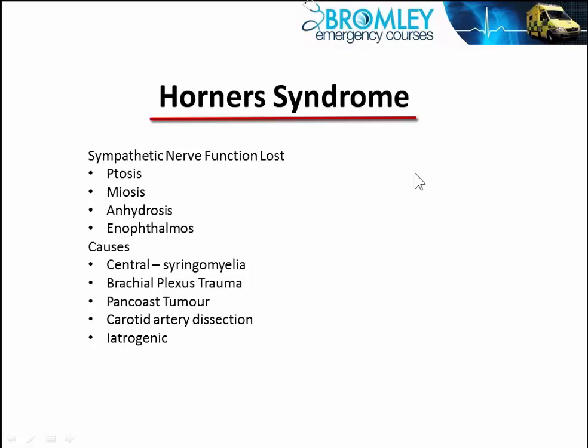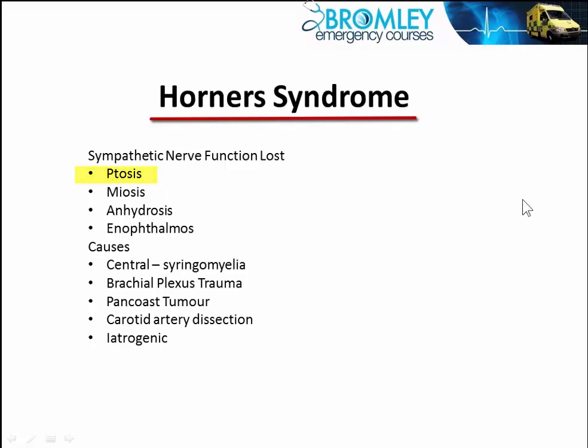And what does a Horner's syndrome give you? Well, the classic description is it makes a series of things smaller. It makes the what's called the palpebral fissure, the opening of the eye, smaller because the sympathetic innervation to the upper eyelid is lost, so the eyelid drops down and they get ptosis.